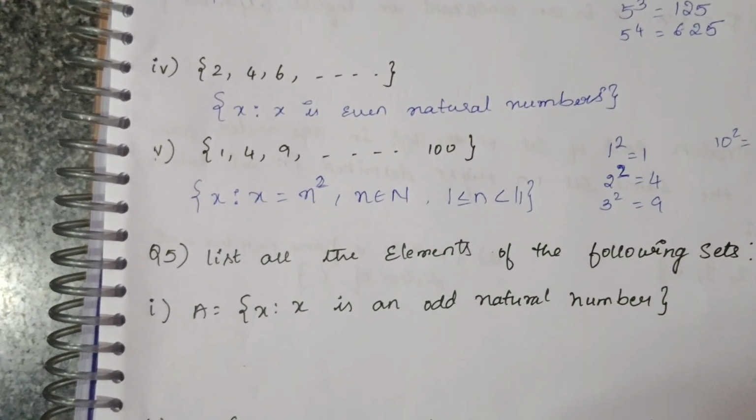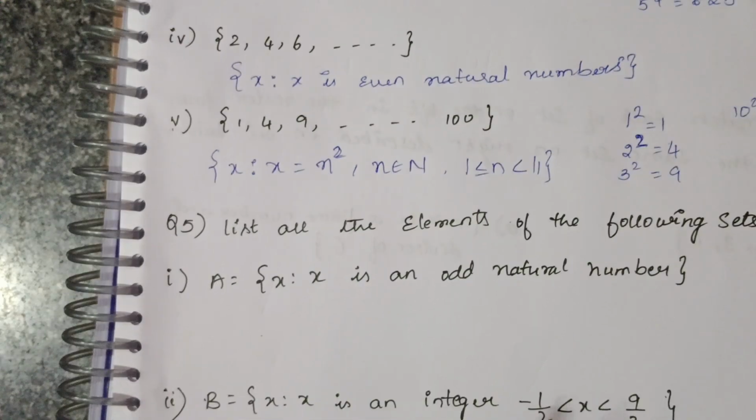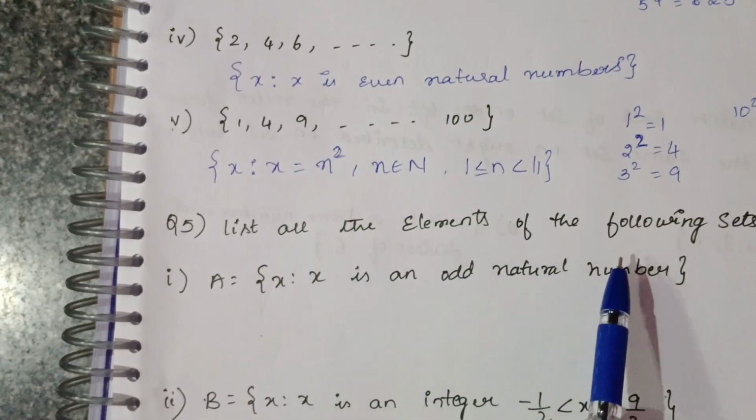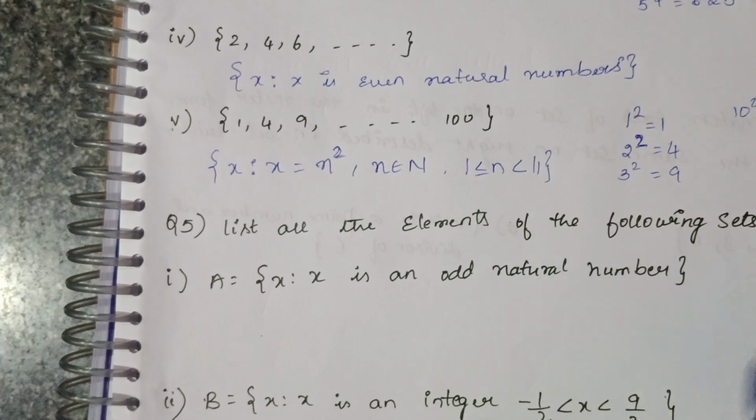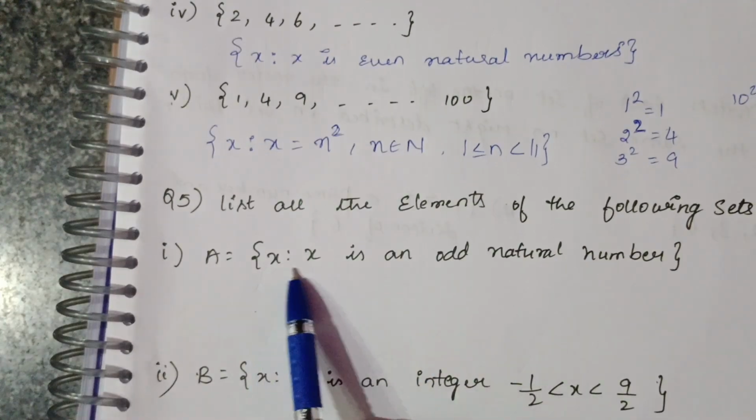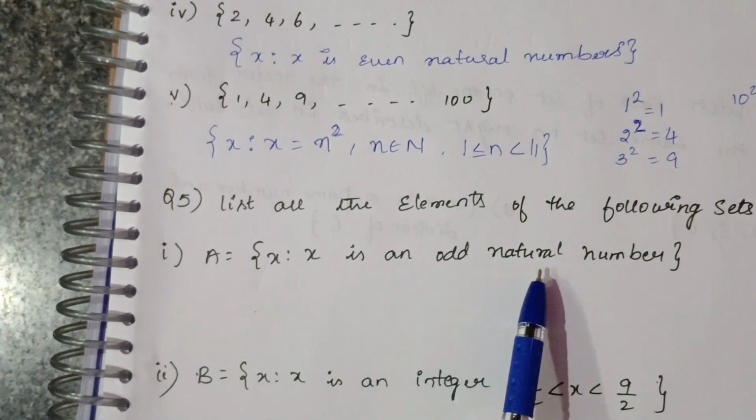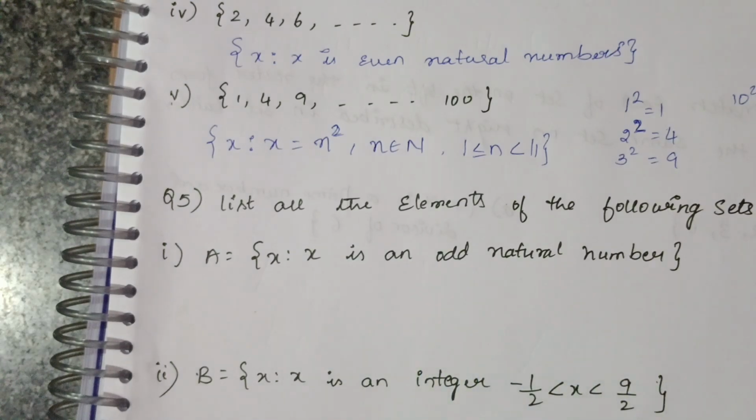Now we'll see the next question. List all the elements of the following sets. See here, first one, x such that x is an odd natural number. Odd natural numbers means it will start from 1.